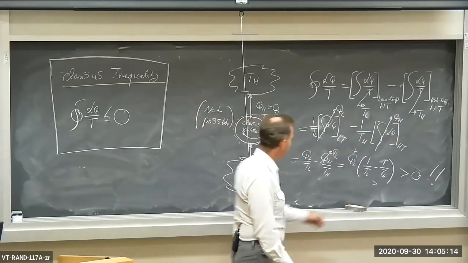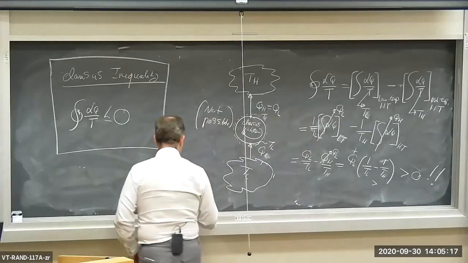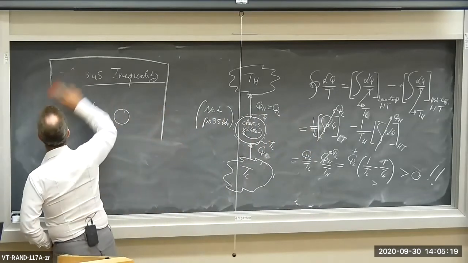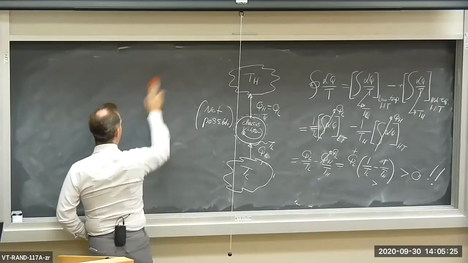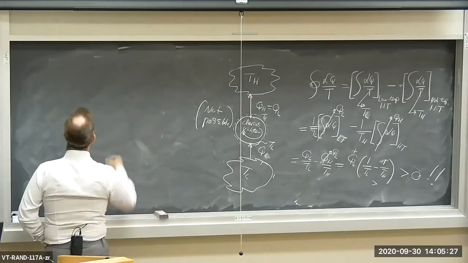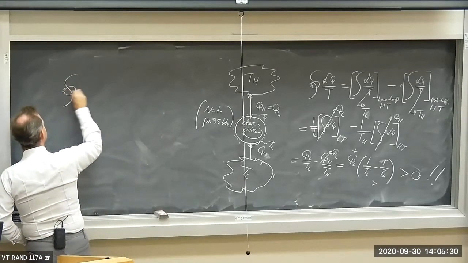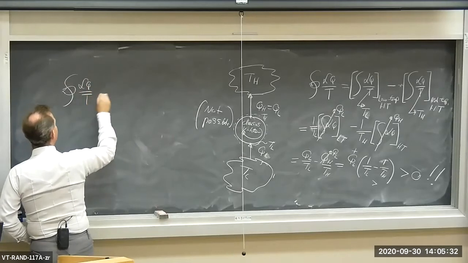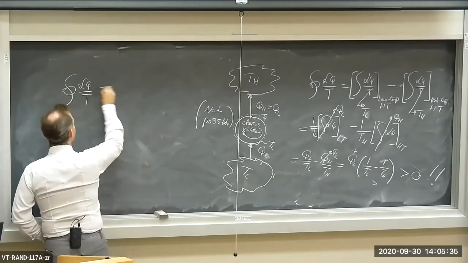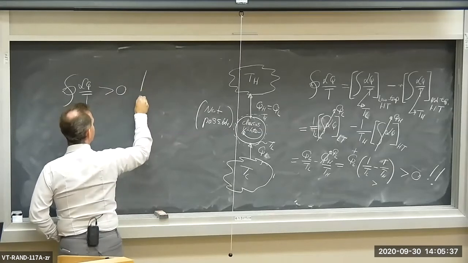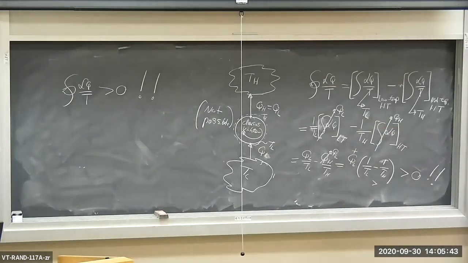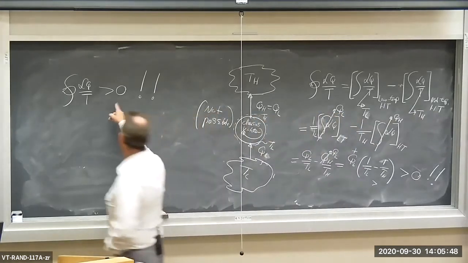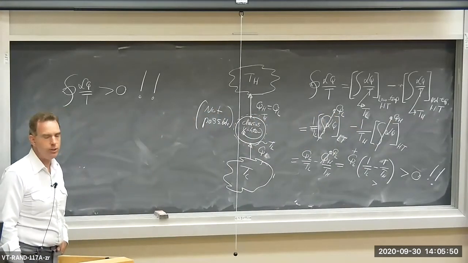In other words, for this Clausius violator that violates the Clausius statement of the second law of thermodynamics, I apply the Clausius integral, integrate del Q over T, and I find that the cyclic integral of del Q over T is greater than 0. Does this result satisfy the Clausius inequality?